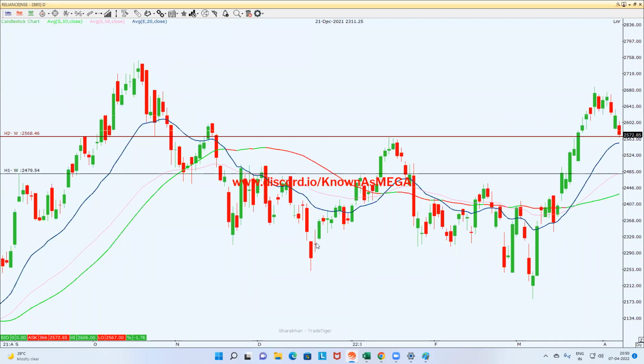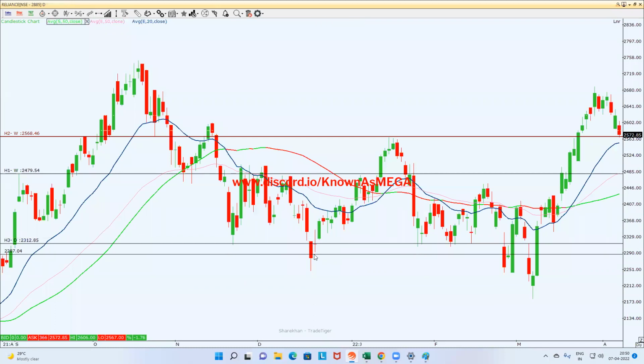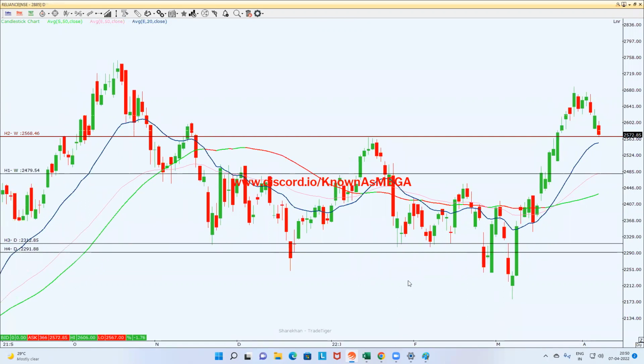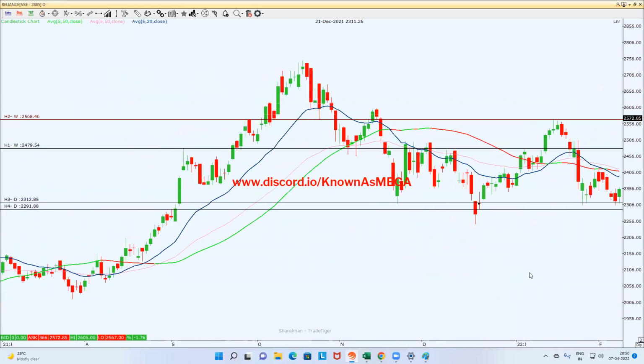Here, let's take one line, marking a demand zone for this. I will mark here and we mark here. What happened? Stop loss hit here. See once, and some people asked me what is the possibility of this trade running.